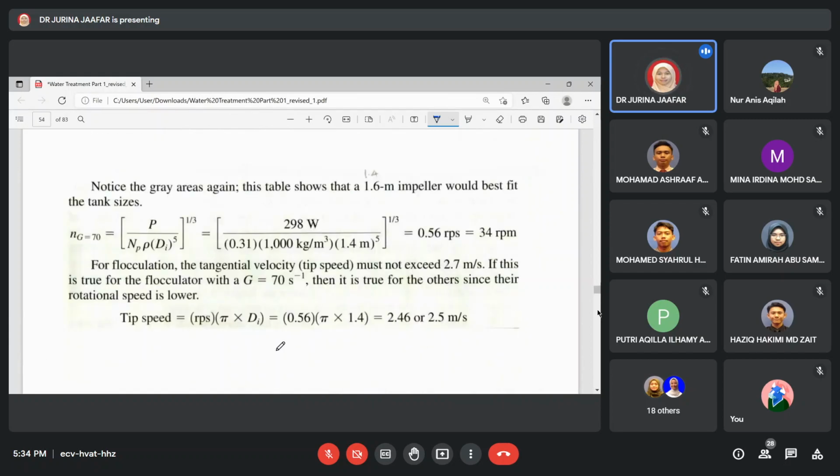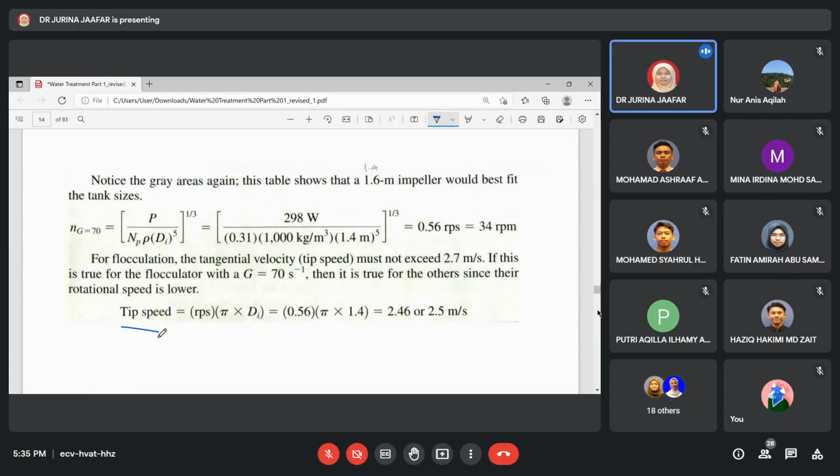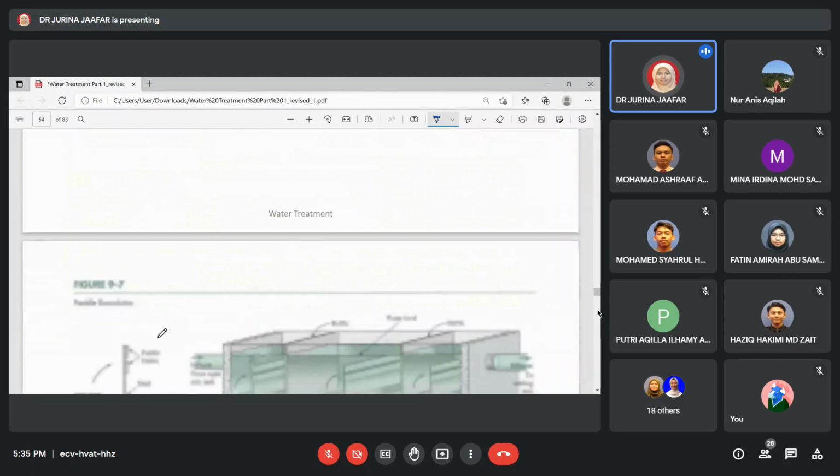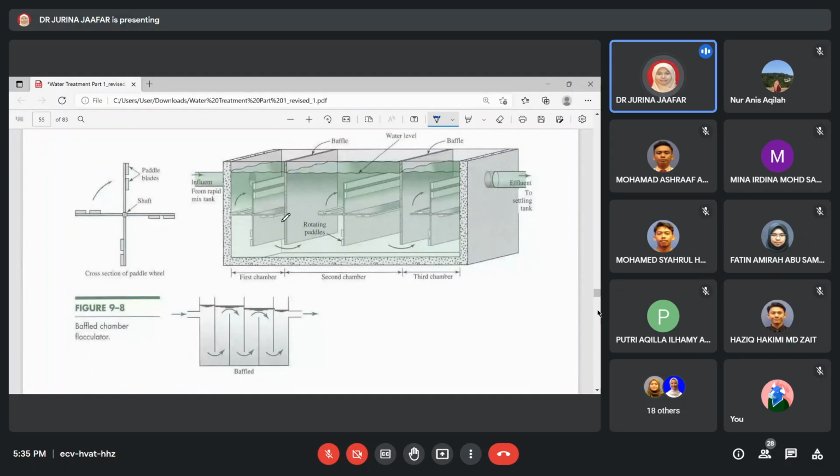So from here we see what will be the end, again the rotation speed, and also at the end we will calculate the tip speed, at the end of the paddle. So this is how it will look like. Each of the compartments, we have 3 compartments here.